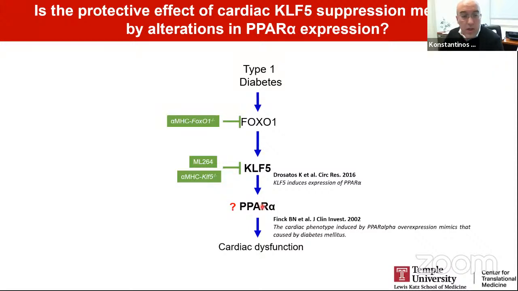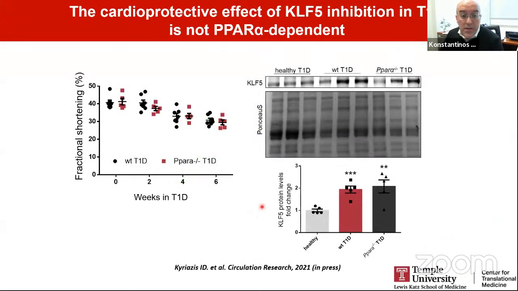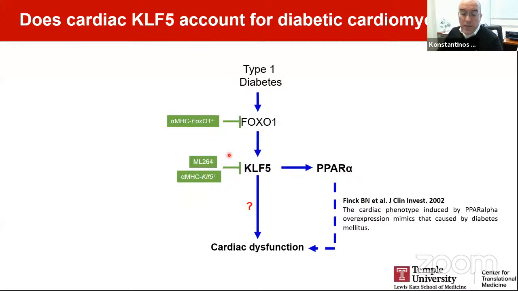To address this, we got the PPAR alpha knockout mice, and we subjected them to diabetes. But those mice were not protected from diabetic cardiomyopathy. So we believe that the effect of KLF5 in causing cardiac dysfunction is separate from the effect that PPAR alpha has in doing the same thing in diabetes.